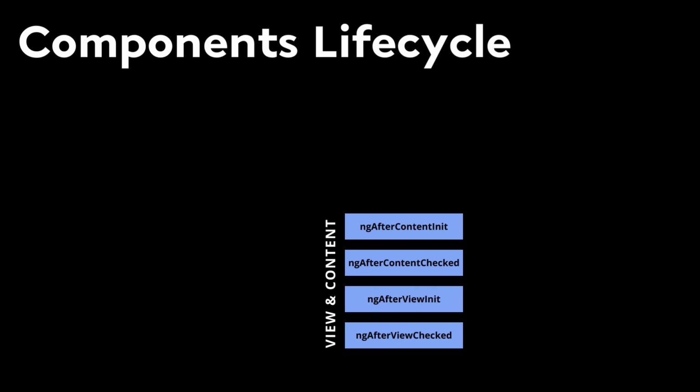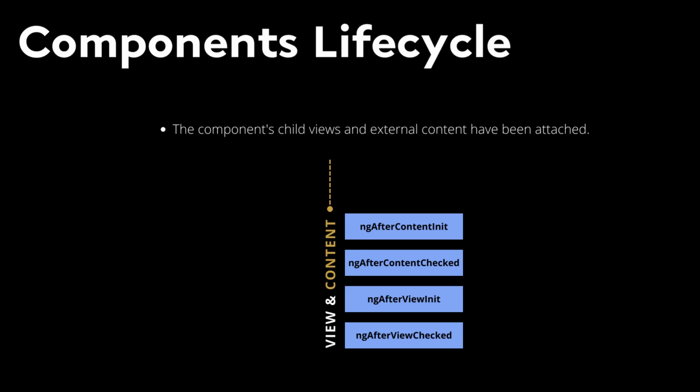It's easy to be confused here, as the content and view of a component may seem to be the same thing. To distinguish between these phases, here is what you need to know. On the one hand, the content phases represent the moment when the component's child views and the external projected content have been attached.